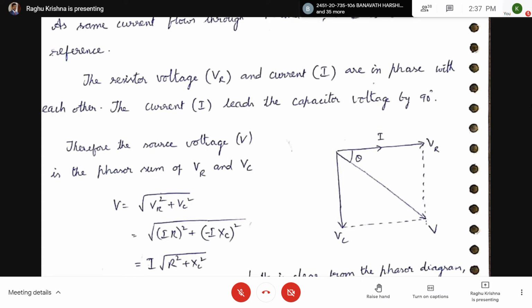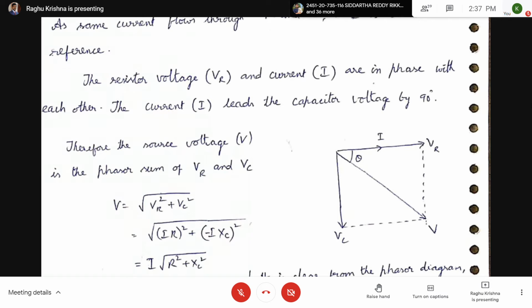Next, coming to VC, you know that current leads the voltage in a capacitor. That means the voltage lags the current by 90 degrees. So VC is drawn 90 degrees behind I.